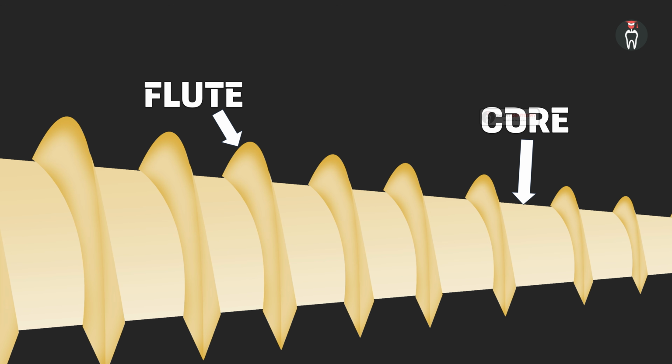You can see in this picture the sharp points or the cutting portions, the flutes of the file, and the central metallic part is the core of the file. Let's simplify this and keep this as the core of the file, and we can see a second image where the core is not uniform. In some places it is wide enough and in some places it is narrow. This is called progressive taper.